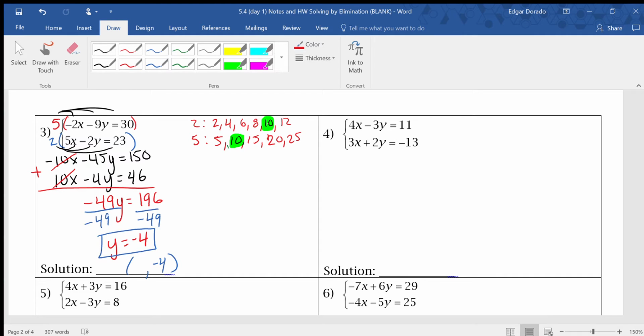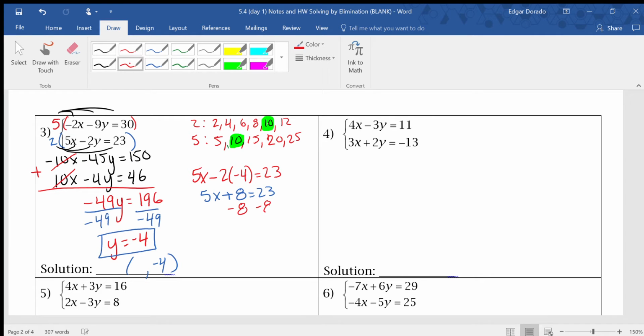I'm going to go ahead and substitute that y into any of my two equations. I'm going to just do the bottom one because it has less negatives. So I'm going to do 5x minus 2 times negative 4 equals 23. So this is 5x plus 8 equals 23.